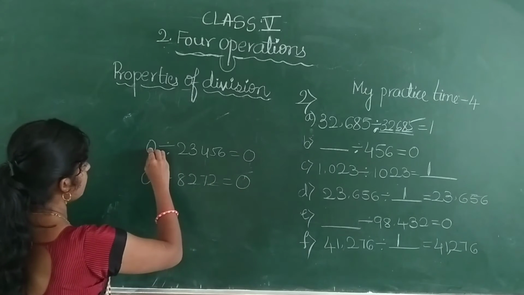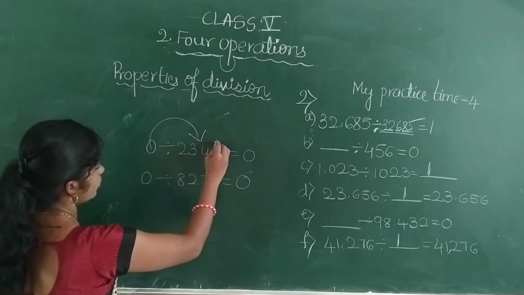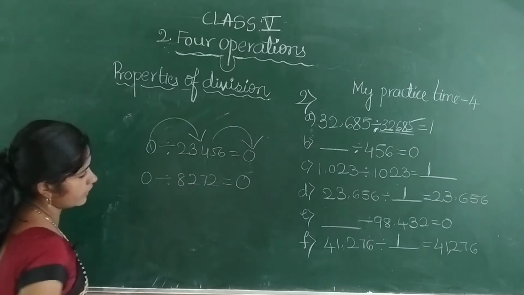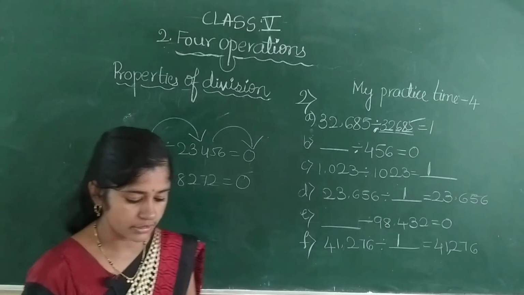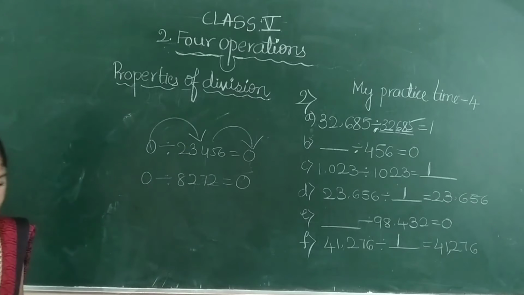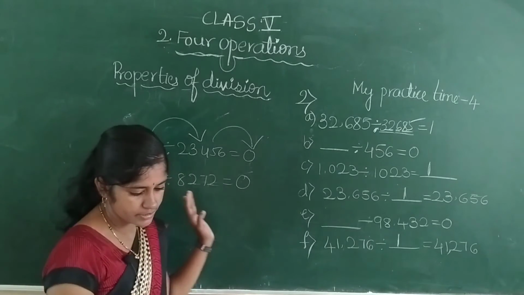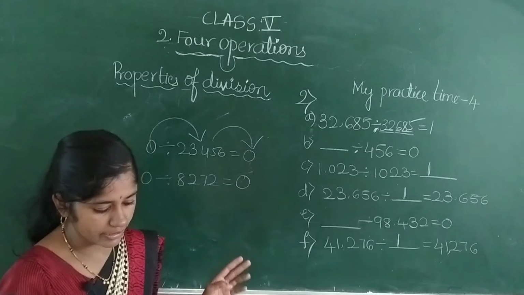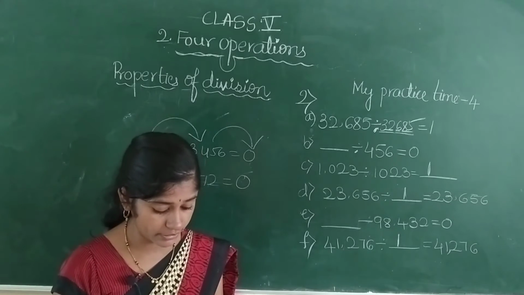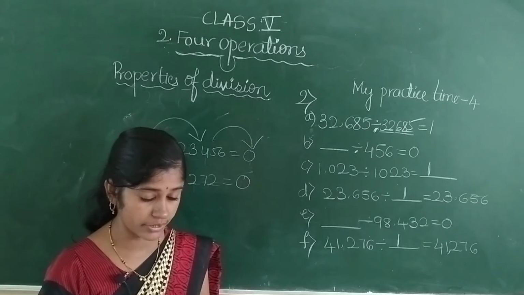When 0 is divided by any non-zero number, then the result is always 0. That is property number 3. Here we are learning the properties of division.